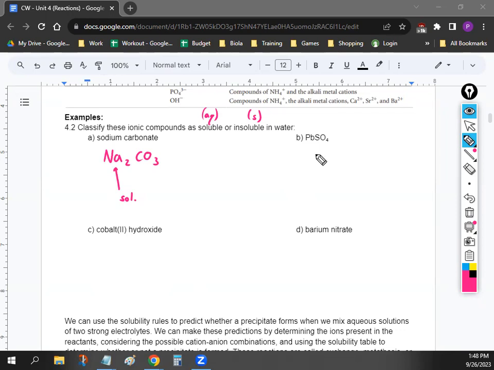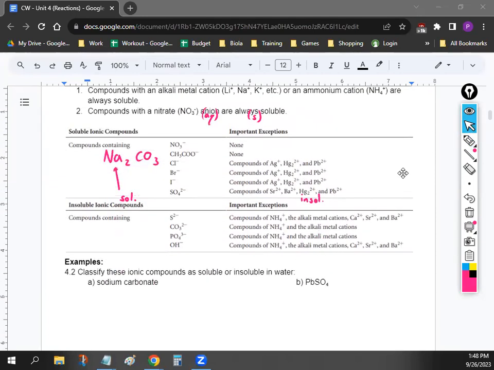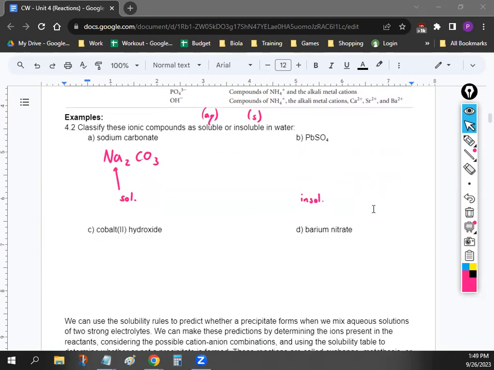The next one, you've got the formula already: PbSO4. Is this going to be soluble or insoluble? Yeah, this one's going to be insoluble. Now, this is not one of the rules you had to memorize, but I did tell you to look at this table up here, and it tells you that anything with sulfate is soluble except Pb, which is one of the exceptions. So that one's going to be insoluble.